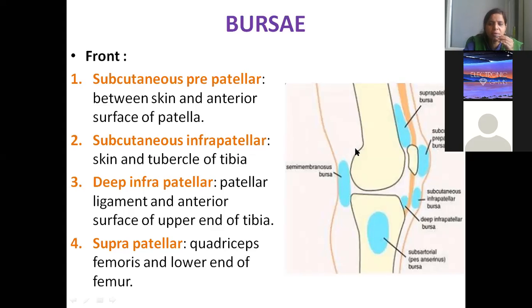Then subcutaneous infrapatellar, below patella, between the skin and the tibial tuberosity. Then deep infrapatellar, behind the patellar ligament and anterior surface of the upper end of the tibia. Then we have suprapatellar, behind the tendon of quadriceps femoris and in front of the lower end of the femur.